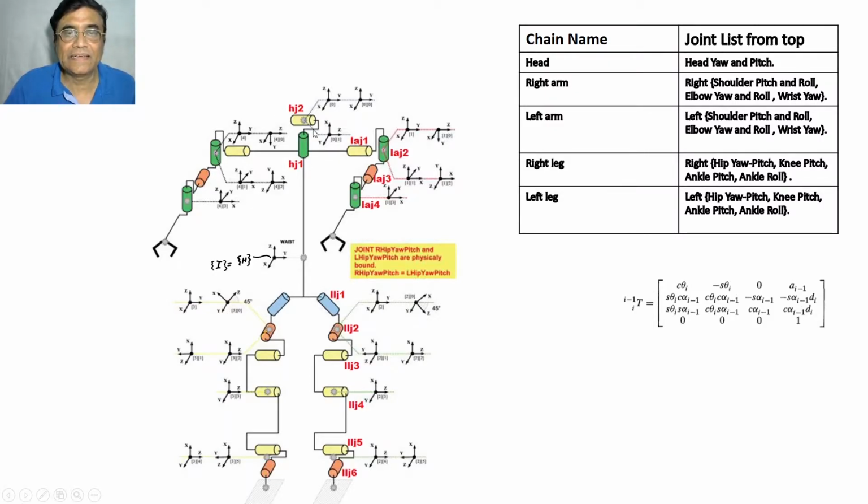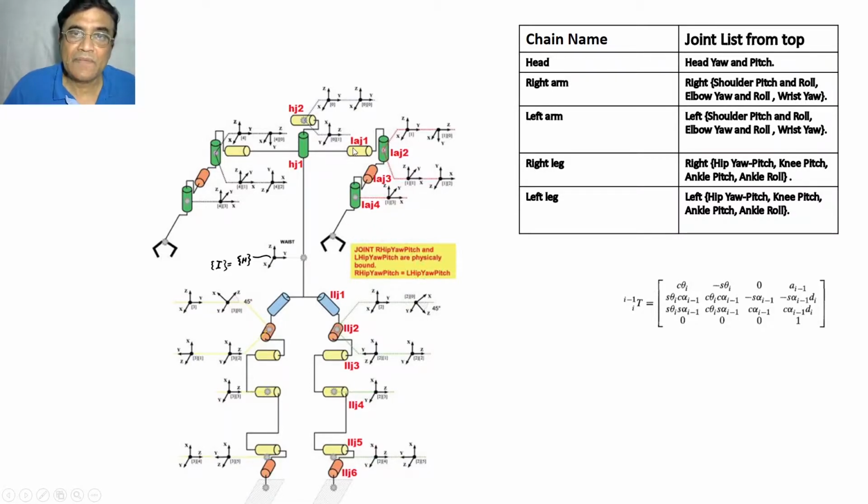And in my earlier class, I told you using Denavit-Hartenberg notations how to model such a robot. Today we'll further continue our discussion, and we will learn how to model the arm.